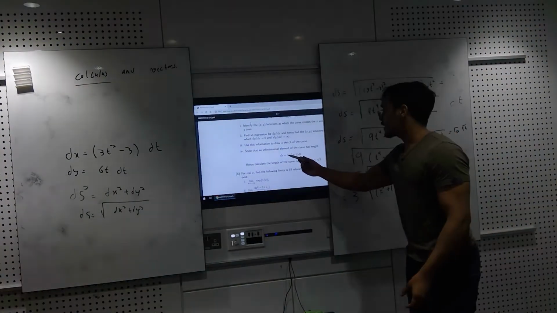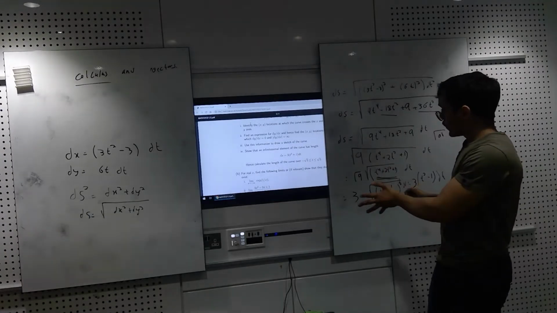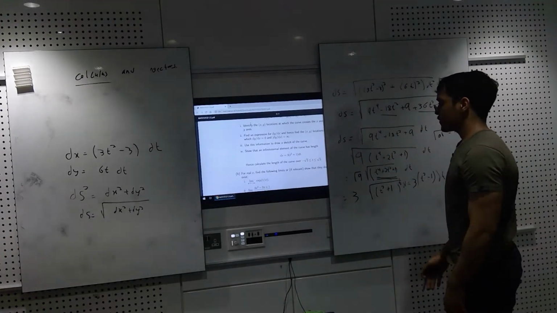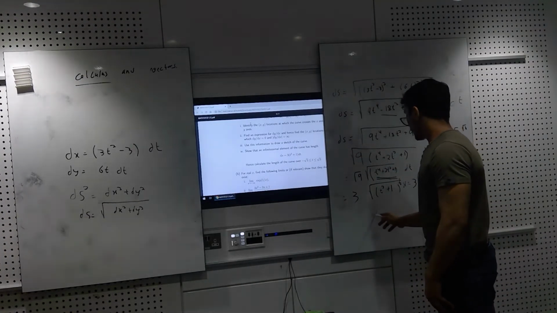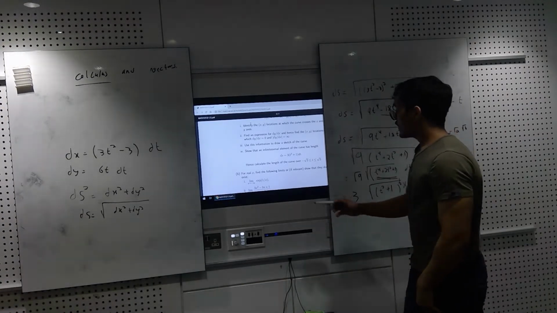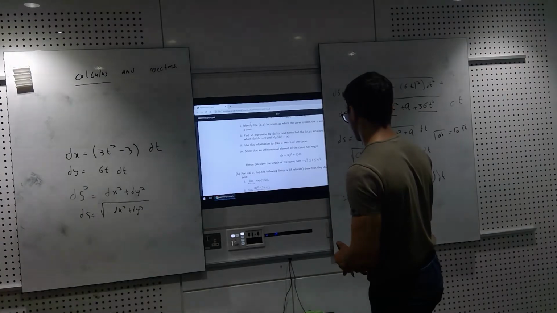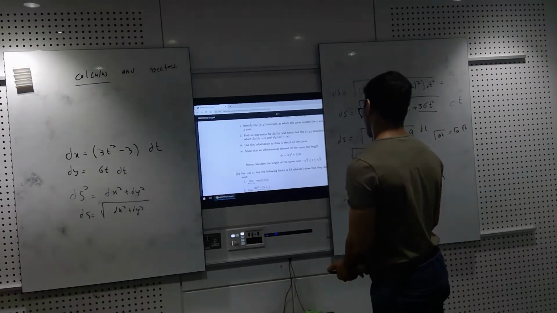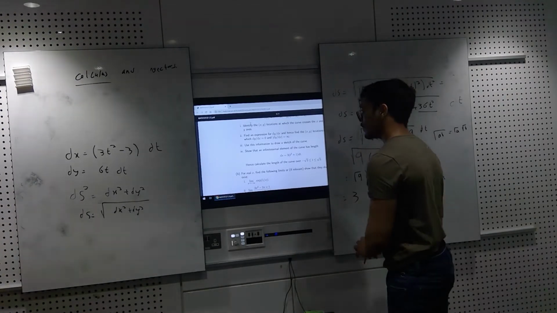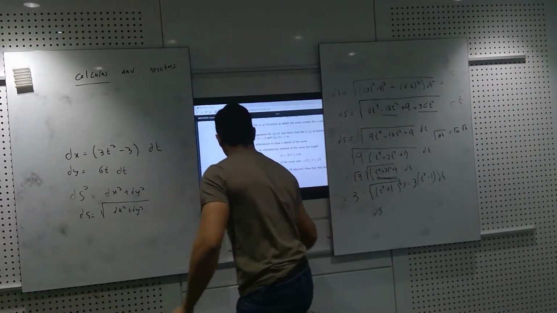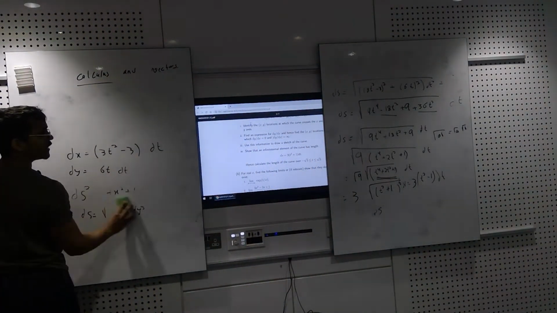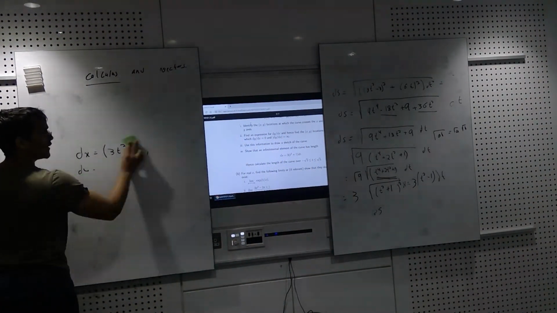If they give you something like this, put in your mind the last solution and compare what you're doing to the first solution. Thus you find delta s, and you say hence calculate the length between negative 3, let's go with negative 3 and 3. So if you find delta s, you find an expression involving t for delta x and for delta s.